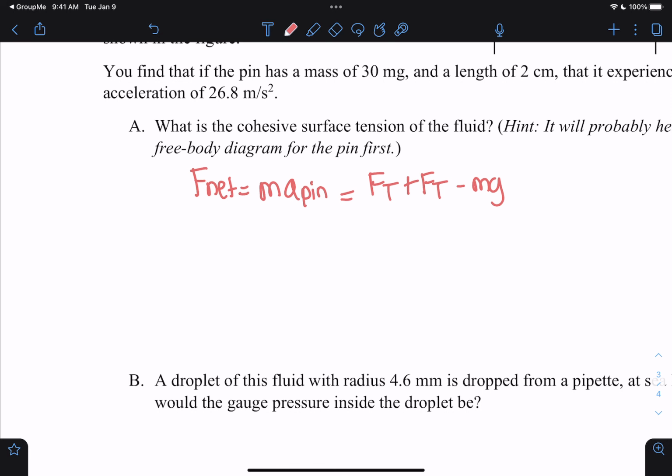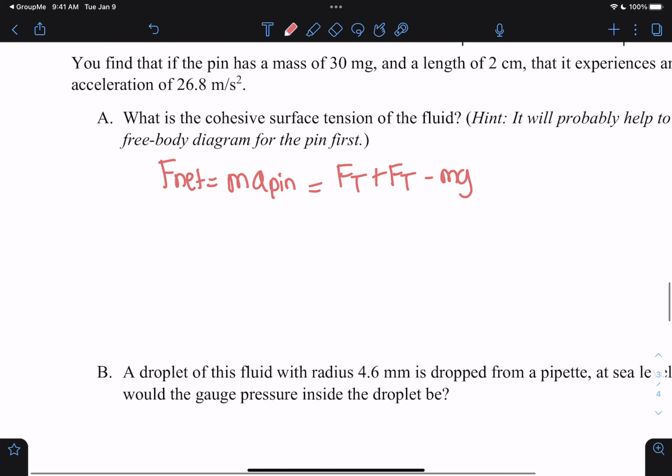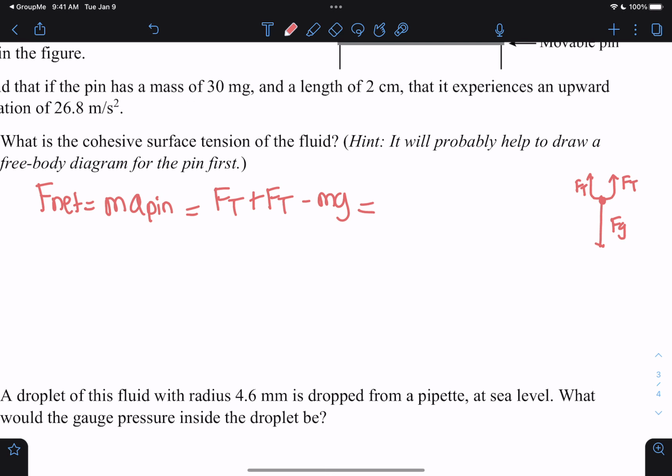And then, we can rewrite the forces of tension here with the surface tension equation. So we can write 2Ft as 2 times the surface tension times the length.